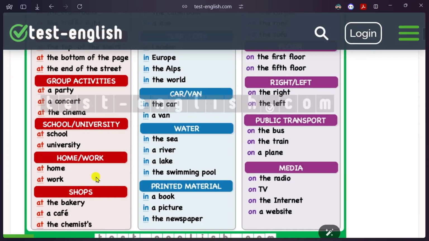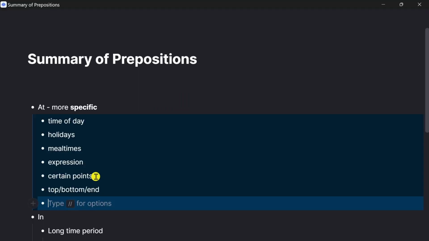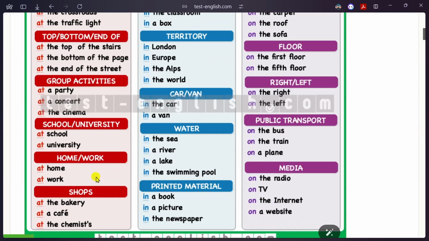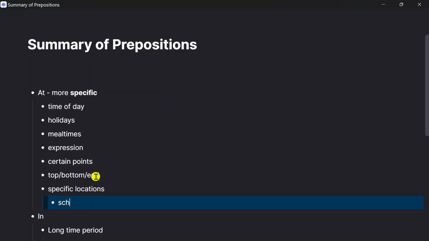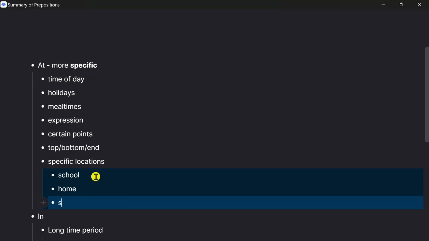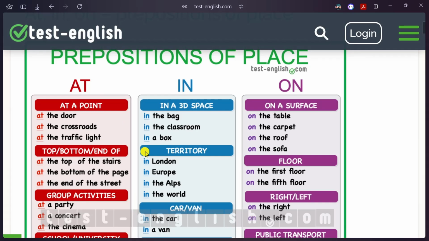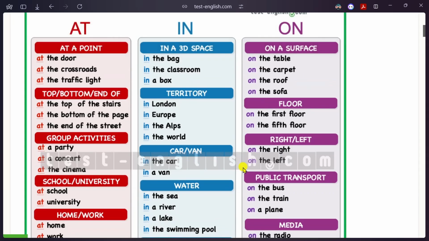In general, specific locations, for example school, home, shops. Okay? Specific locations.